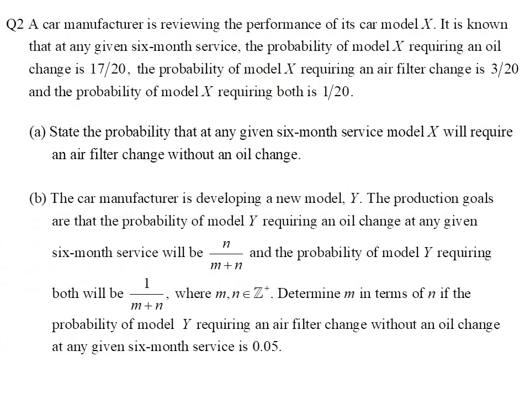The production goals for this new model are that the probability of requiring an oil change will be n over the sum of m plus n, and the probability of requiring both oil and air filter change will be 1 over the sum of m plus n, where both m and n are positive integers. The question in part B is to determine m in terms of n if the probability of requiring an air filter change without an oil change is 0.05.